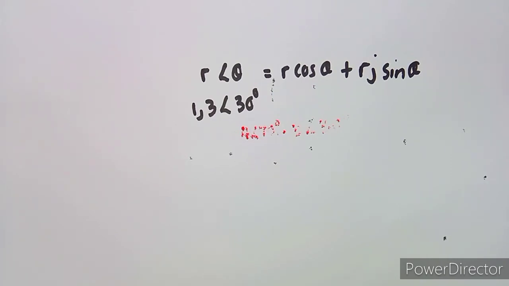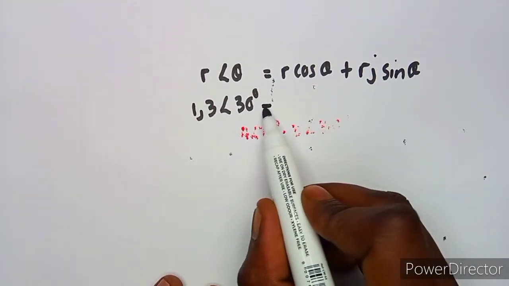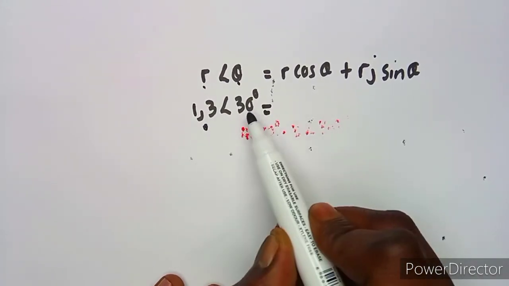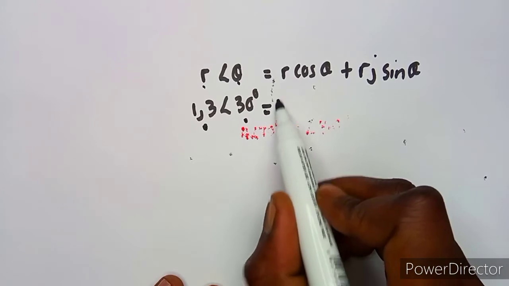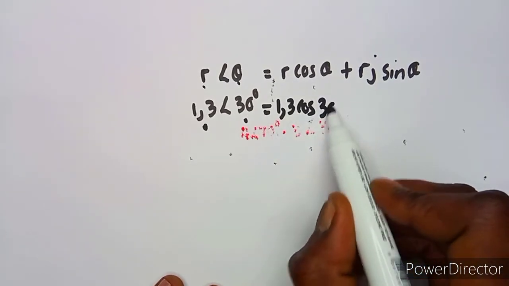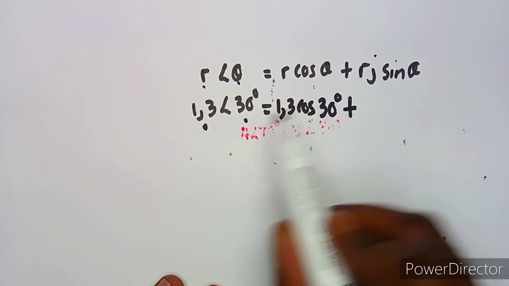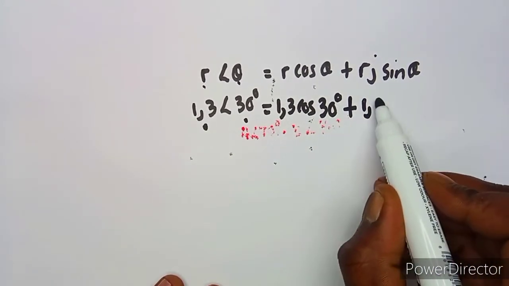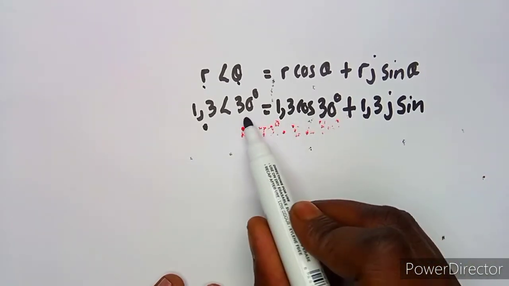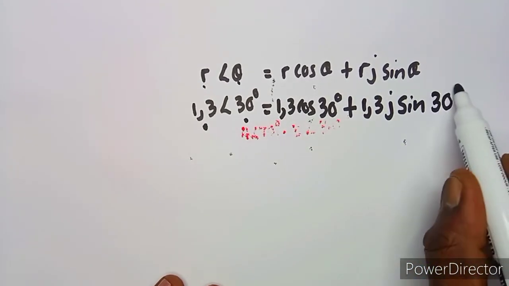I'm going to show you another way of using a calculator to just prove that. Which means this can be written as, this is your r theta, your r is 1,3, your theta is 30, so it's going to be 1,3 cos theta, which is 30 degrees, like this, plus r, which is 1,3 j sine theta, which is our theta is 30 degrees, like this.